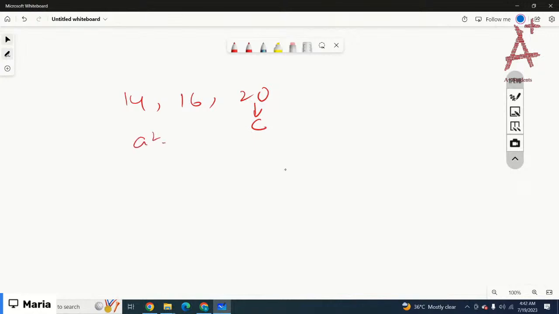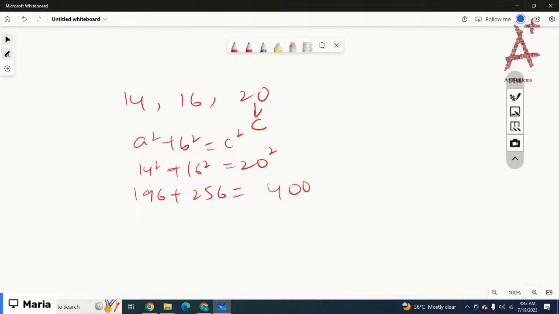So it is a square plus b square equals c square. 14 square plus 16 square equals 20 square. So 14 square is 196 and 16 square is 256, and 20 square is 400.